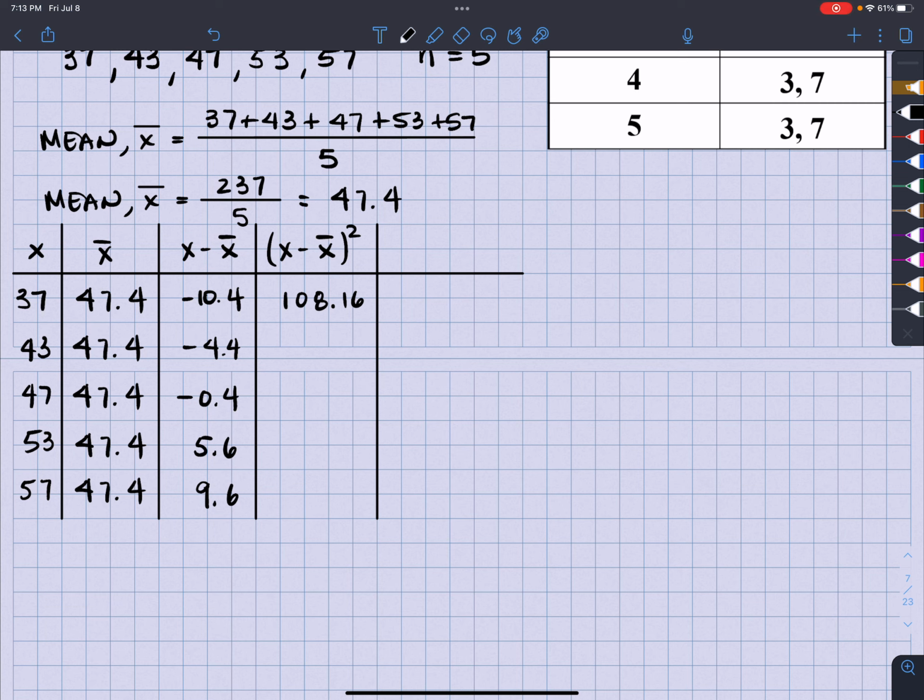Take negative 4.4 and square it, I get 19.36. Negative 0.4 squared is 0.16. 5.6 squared is 31.36. And 9.6 squared is 92.16. Excellent. All I did was square each one of these.